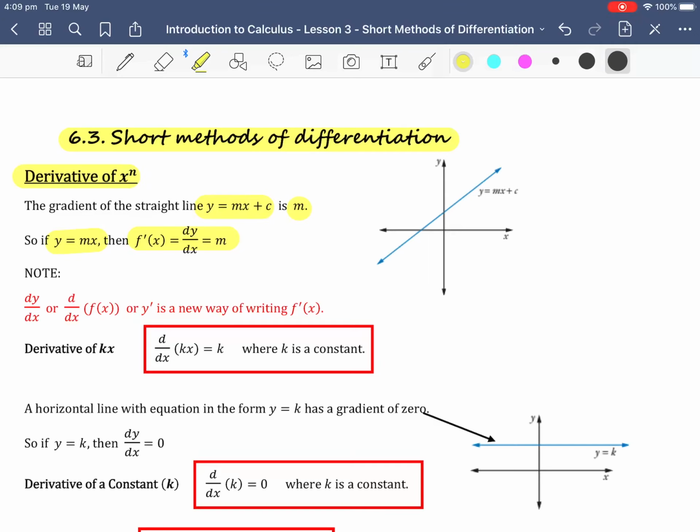Our derivative of our functions, if we remember back to when we first started this topic, is just the gradient function. So what we have to remember is that when we sketch the graph of our gradient values, which we call y equals f dash x, the gradient function or the derivative function is this.